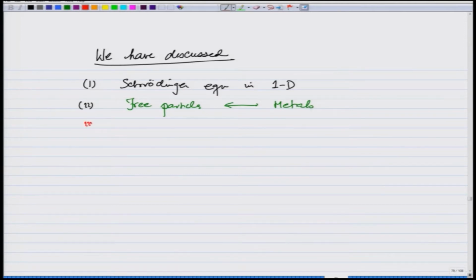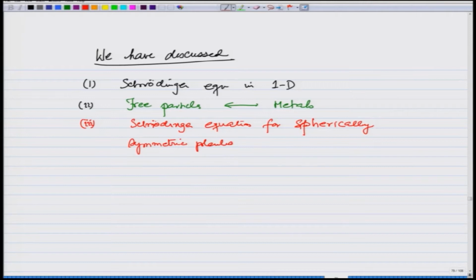We have also discussed the Schrodinger equation for spherically symmetric potentials, and this was related to the hydrogen atom or hydrogen like ions.